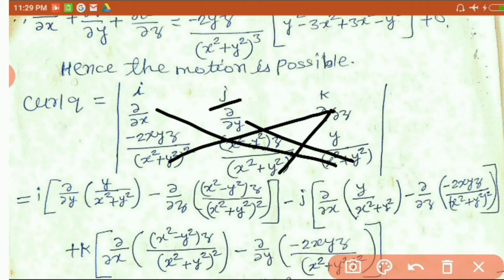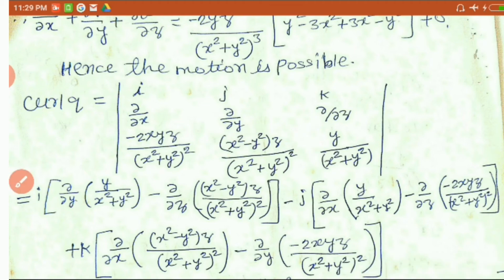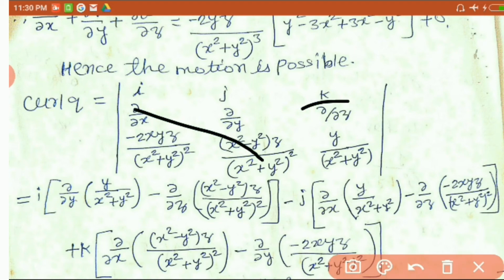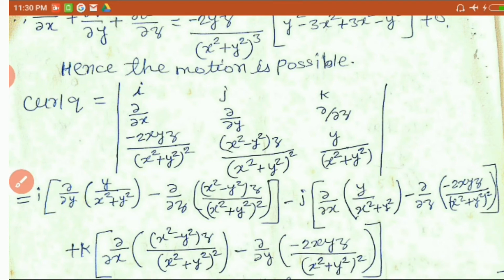and plus k into dou by dou x of this minus dou by dou y into this. So what do we get?